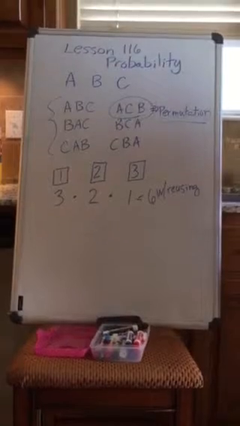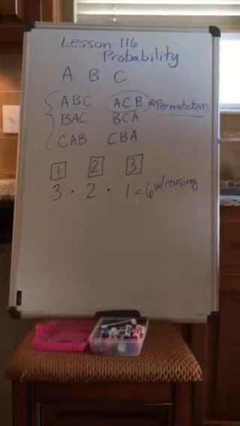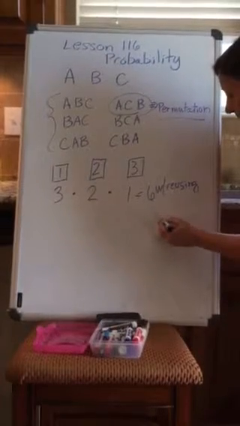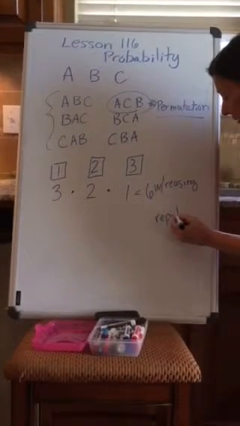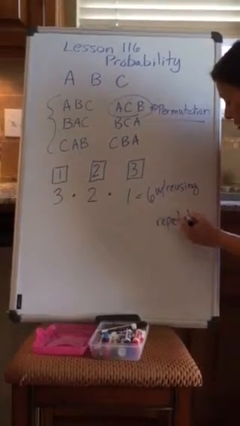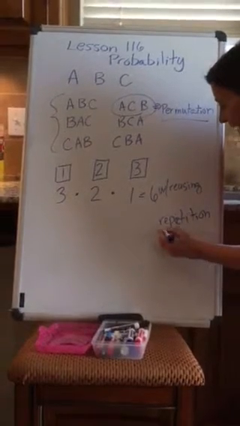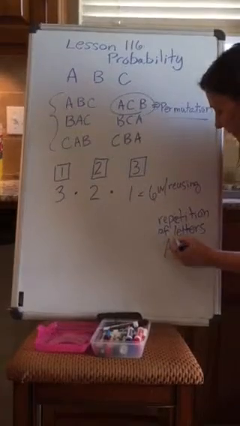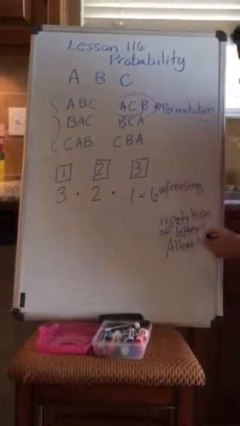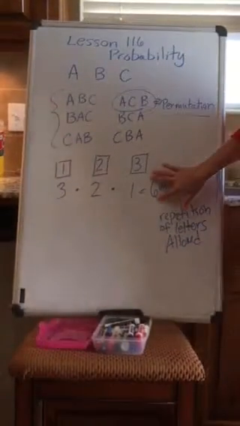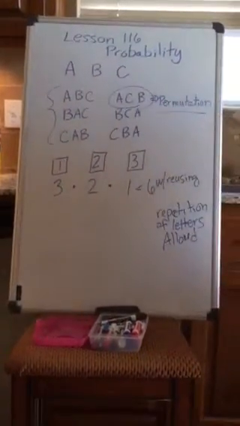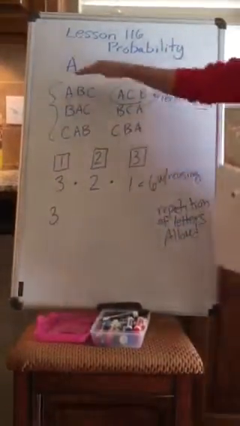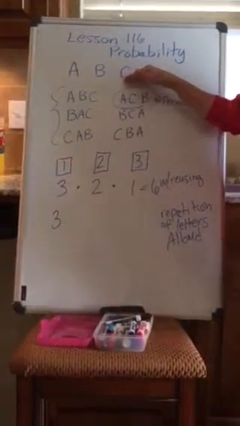Now, sometimes we look at permutations where repetition of the letters is allowed. And we will come up with a much larger number of permutations, because the first time I have, of course, 3 letters, A, B, or C. I can use any of them.